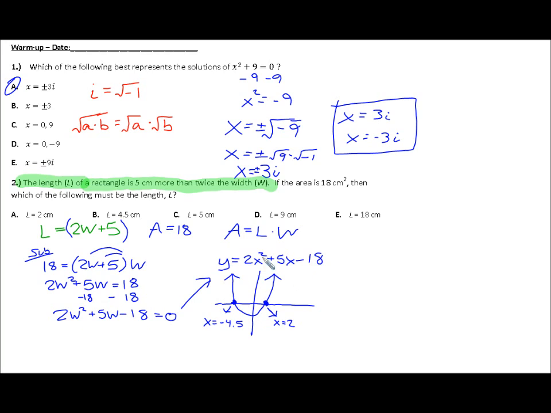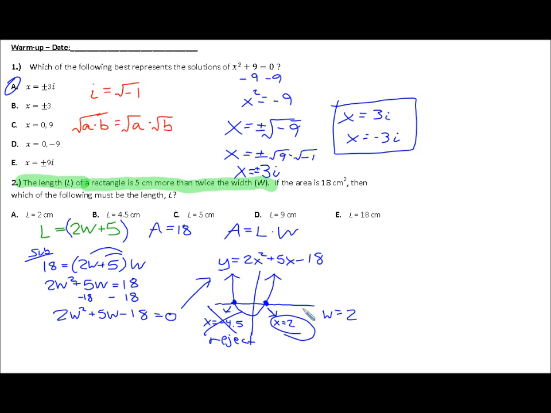There's two things you could plug in here that would work, but this is a geometry problem. So any sort of length, width, or area, those values can't be negative. It wouldn't make any sense. So this solution, even though it's valid, we have to reject it in terms of the word problem. Reject this solution. So x is 2, that means w has to be equal to 2.